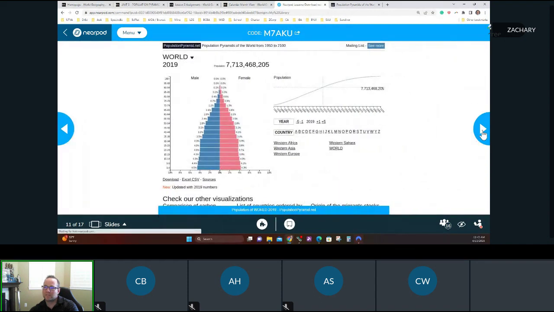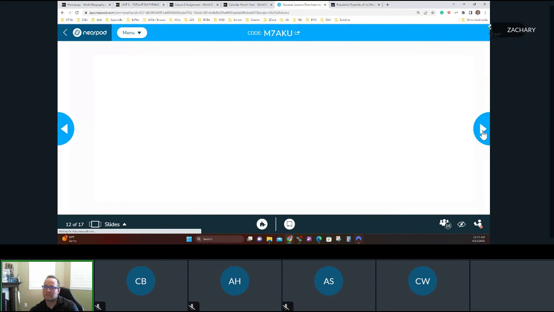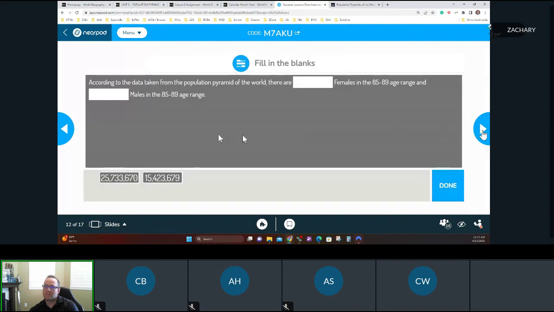And then as we're looking at all these different websites here, for example, knowing what you kind of know right now on the population pyramid, and I just kind of told you a little bit as well, who lives to be older, male or female, according to the world population pyramid?